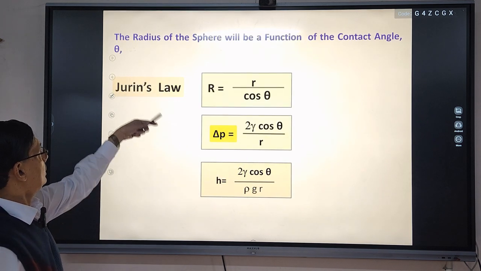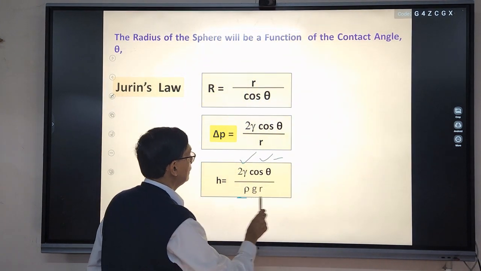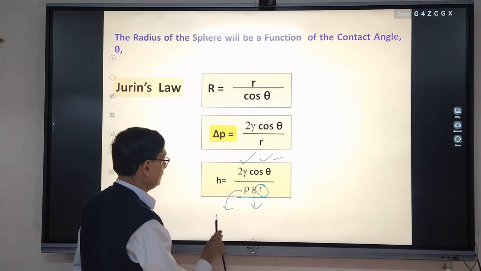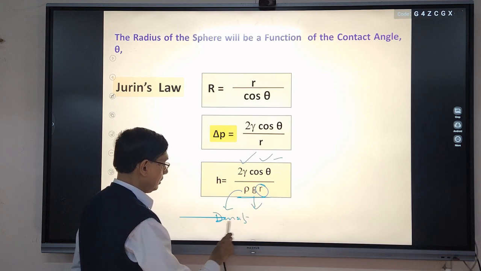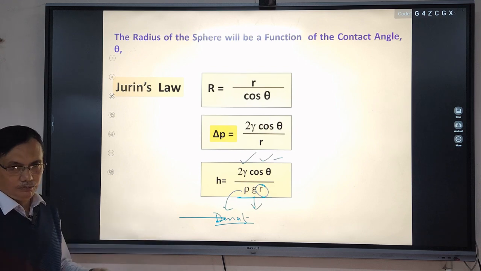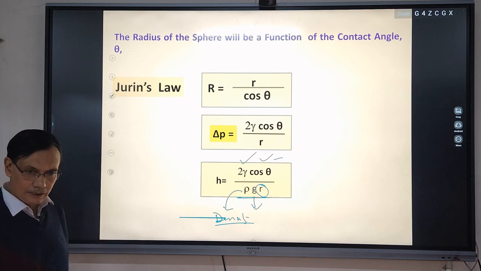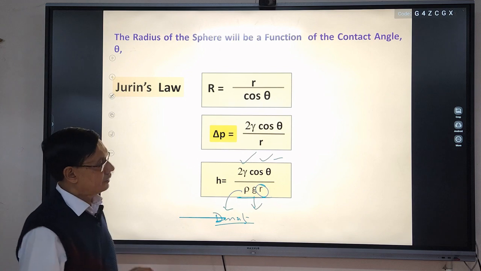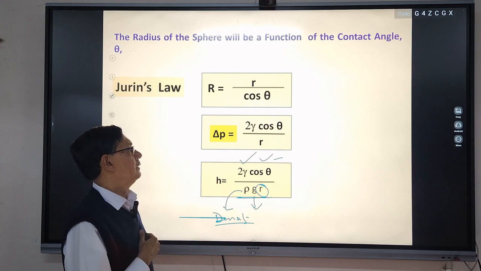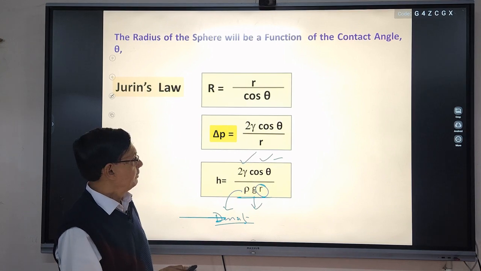That is also called Jurin's law: 2 gamma cos theta divided by radius, acceleration due to gravity, and the density of that liquid. For water it is different. So this is the application. Similarly, we can also calculate the Kelvin equation. Today I have discussed the very simple Laplace and Young equation, which denotes the capillary action for a curved surface. Thank you.